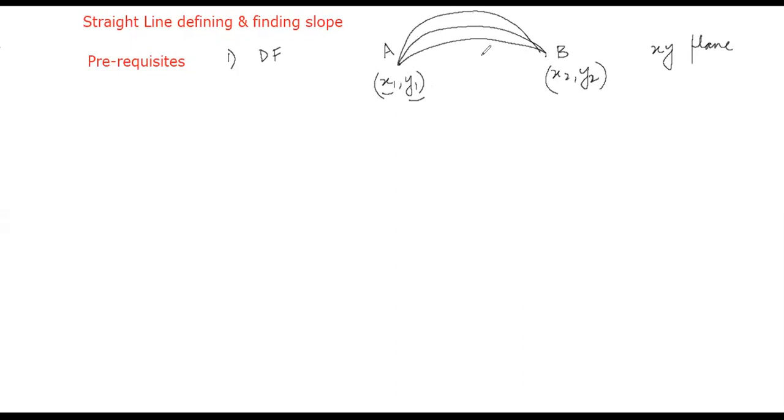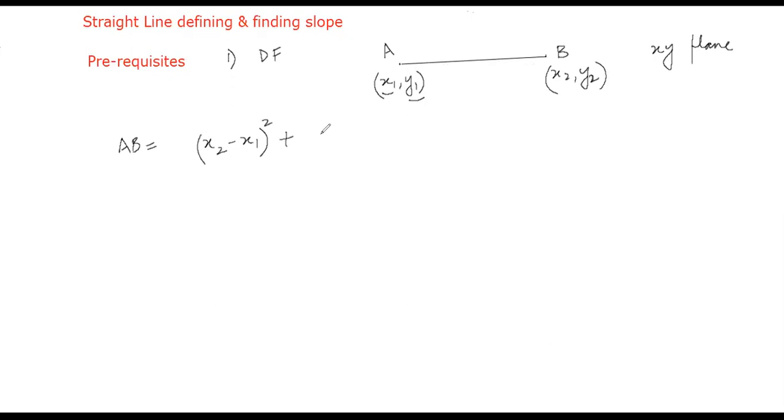But when I talk about the distance between A and B, what exactly I mean by that is the shortest possible distance between A and B. And that is given by the formula AB is equal to the difference of the abscissa, that is (x2 minus x1) square, plus the difference of ordinate and its square, (y2 minus y1) square, under root of this is the distance AB. This is the first formula we need to understand.